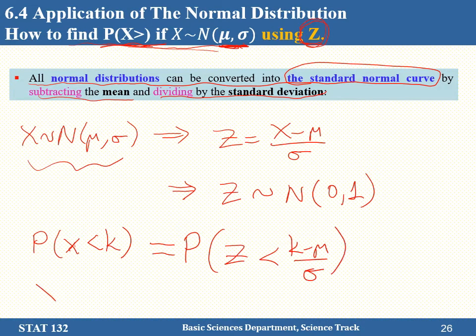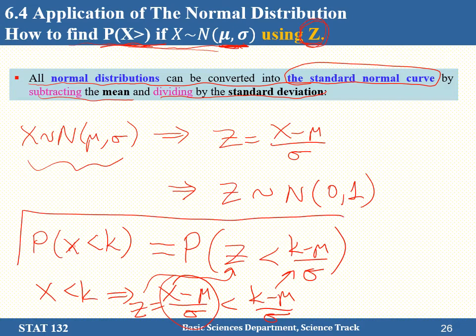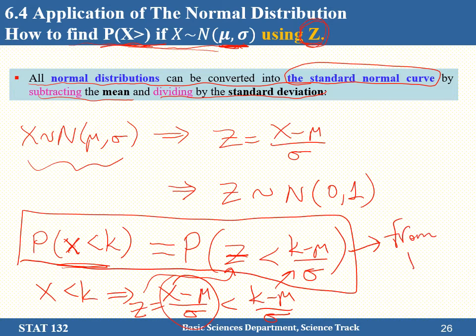So here is the conversion: x less than k, change x to z, how? x minus mu divided by sigma, and do the same thing for k. So if you do this, then you will get z as this one here. So instead of this, you can write z here, and this comes here. So this is the important part. You can change the probability question on x to a probability question on z, which is the standard normal distribution. And now we can find this from the table.